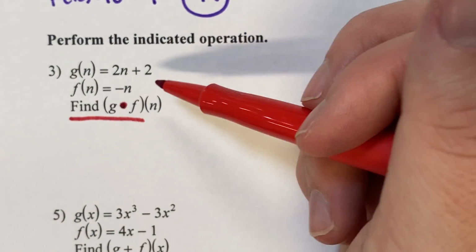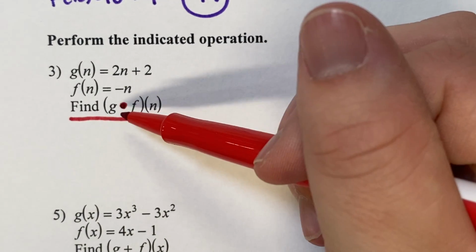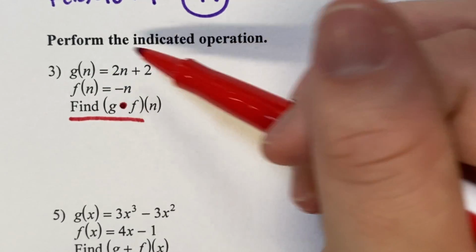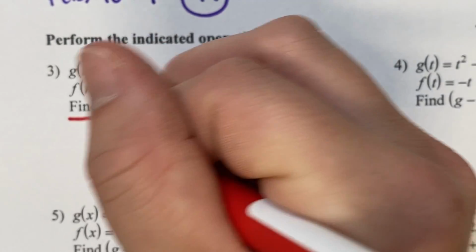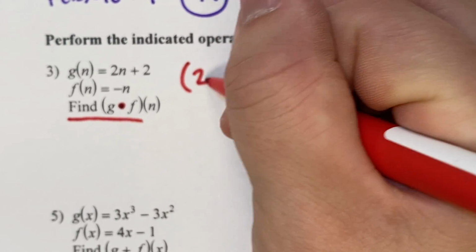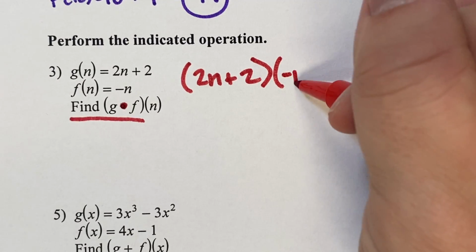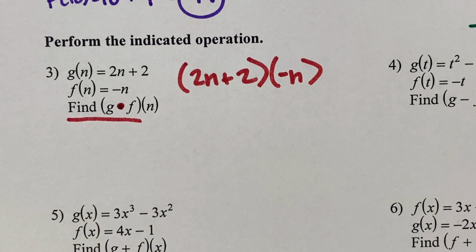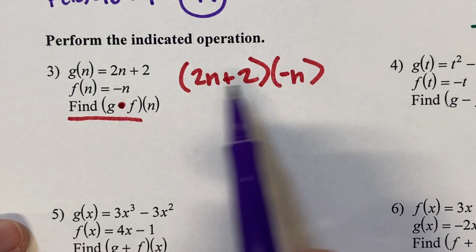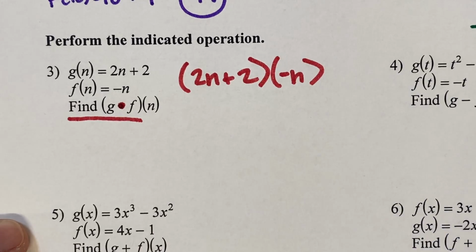Now I have g multiplied by f of n, which means I'm going to take these two functions and multiply them together: 2n plus 2 times negative n. Remember, whenever we multiply things together, every term has to multiply to every term.